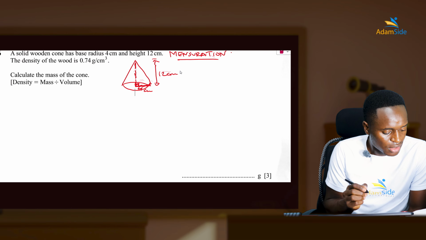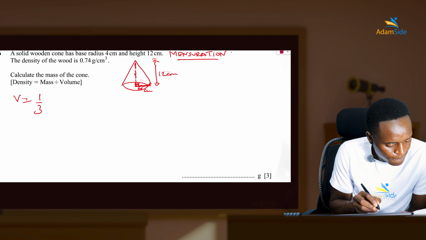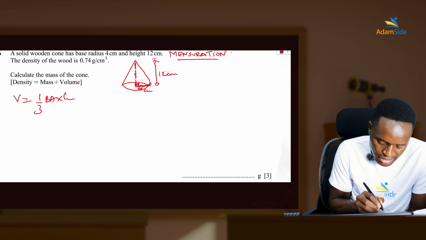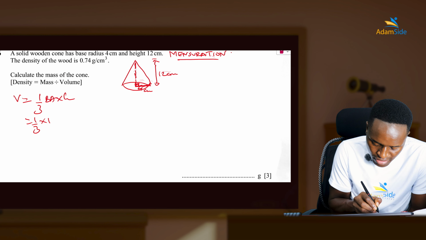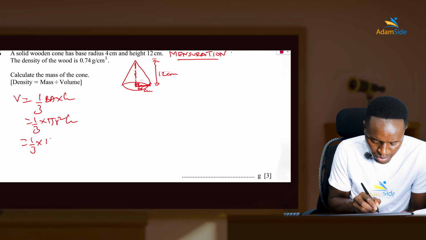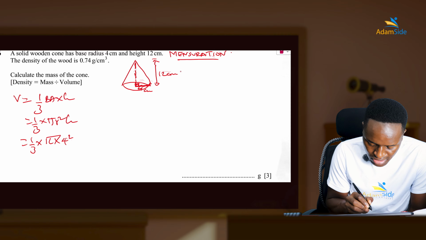It's very simple. You say volume. The volume is a third base area times the perpendicular height. The base area is the area of a circle, pi r squared, times height. So a third times pi times radius, which is 4 squared, times the perpendicular height, which is 12.